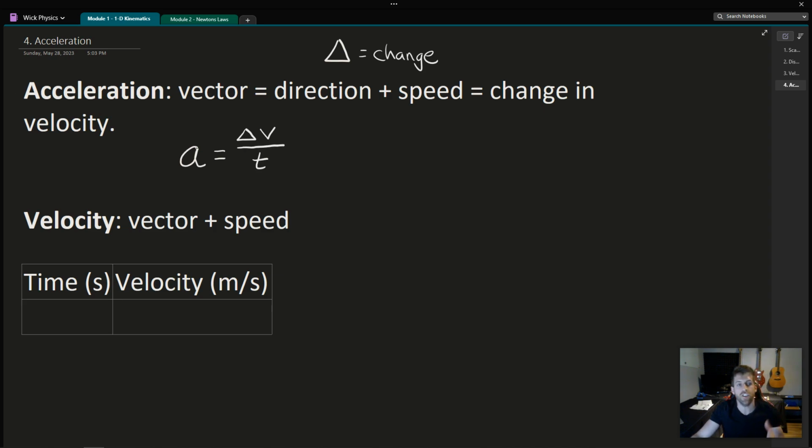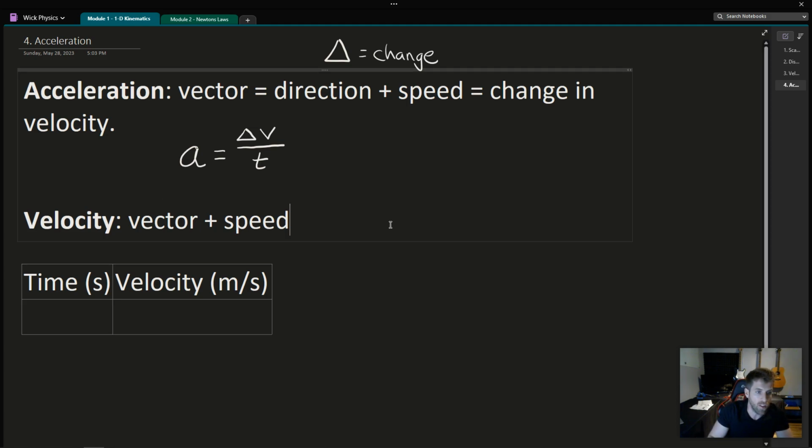And what does change in mean? Because this is the first time we're really digging into change in. Change in is like the two data points you collect. So the data point I collect is 0 to 60. We'll kind of write this right here: 0 meters per second to 60 meters per second.